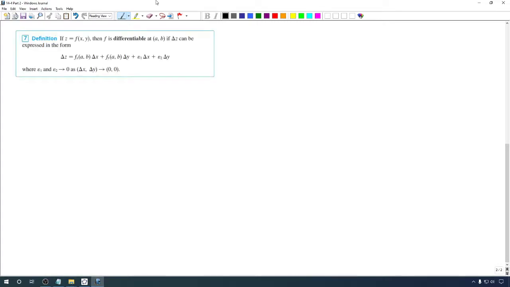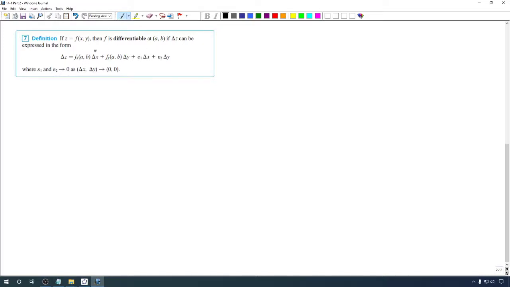So here we're saying that z equals f of x, y is differentiable at a particular point if the delta z, being a difference in our z values, we're looking at the difference between the z values at 2 points that are close together.